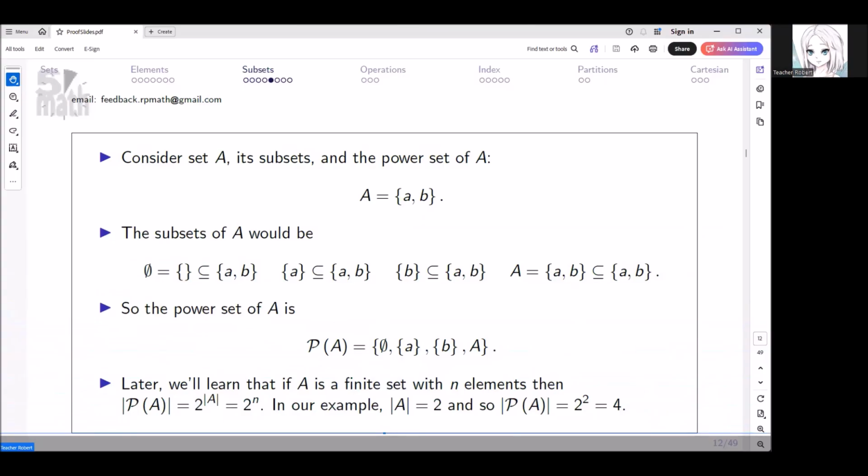Later, we'll learn that if A is a finite set with n elements, then the cardinality of the power set of A equals 2 to the power of the cardinality of A, which equals 2 to the power n. In our example, the cardinality of A equals 2, and so the cardinality of the power set of A equals 2 squared, which equals 4.